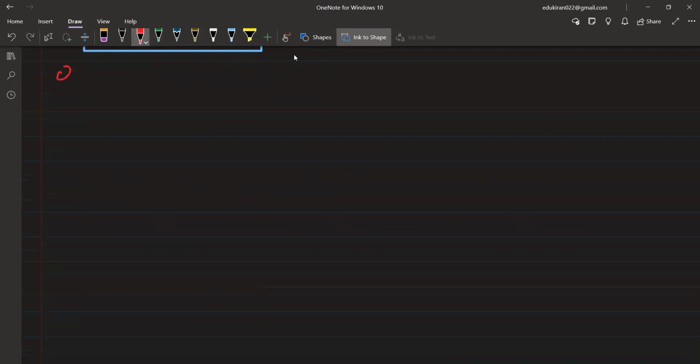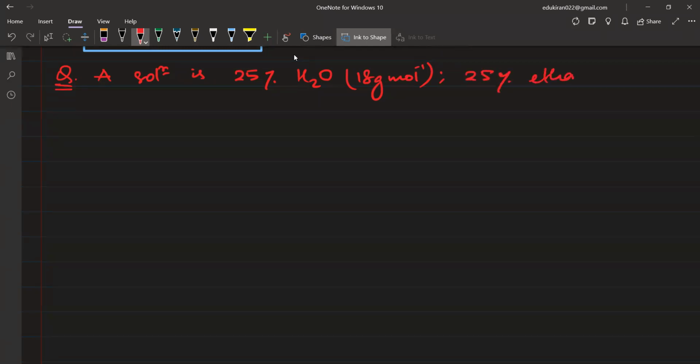Write a question. The solution is 25% H2O, this is the molar mass, okay? 25% ethanol. The molar mass of ethanol is C2H5OH, so it is 46 grams per mole.